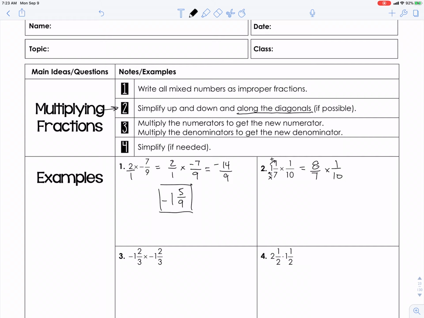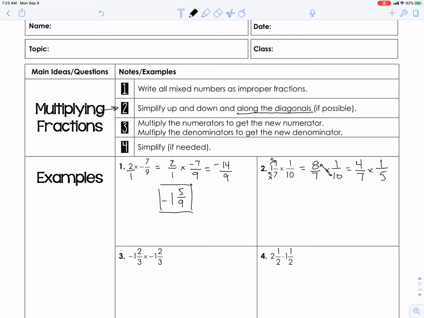So that means I can actually look at these two numbers. What number goes into both of them evenly? Well, 2 goes into both of them. So 8 divided by 2 is 4, giving 4/7. The 1 stays the same on the numerator over there, and 10 divided by 2 is 5. So I have 4/7 times 1/5.